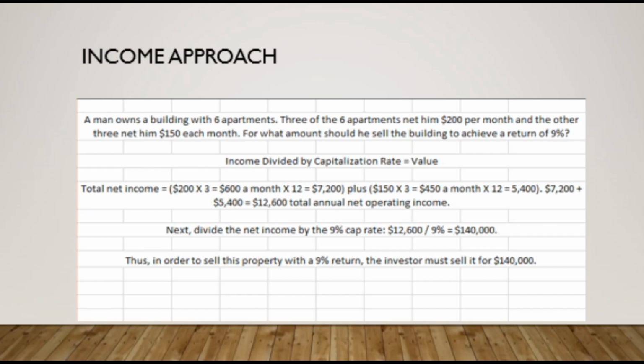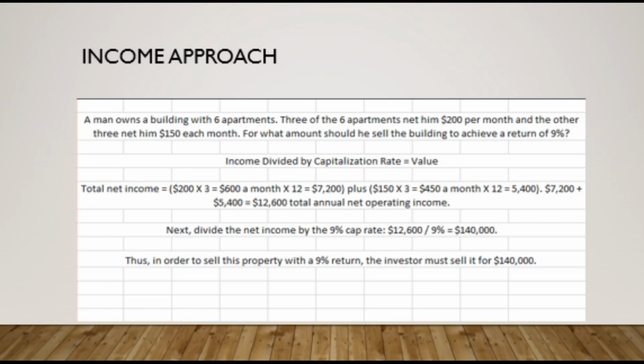So 150 times 3 equals 450 a month times 12, which equals 5,400. So we take the 7,200 plus the 5,400, equaling a total annual net operating income of 12,600.